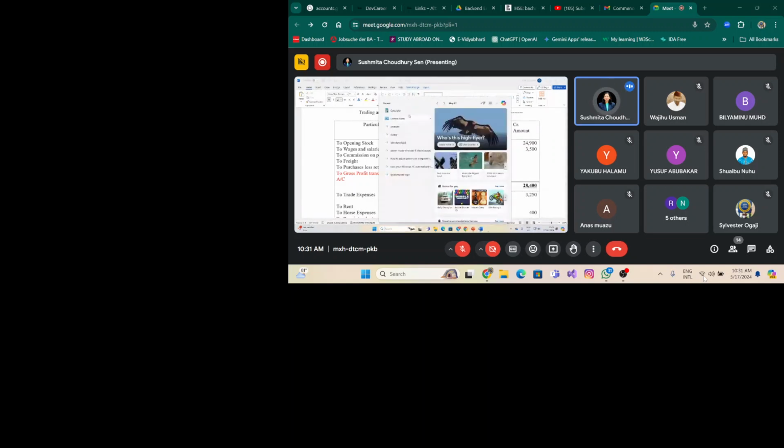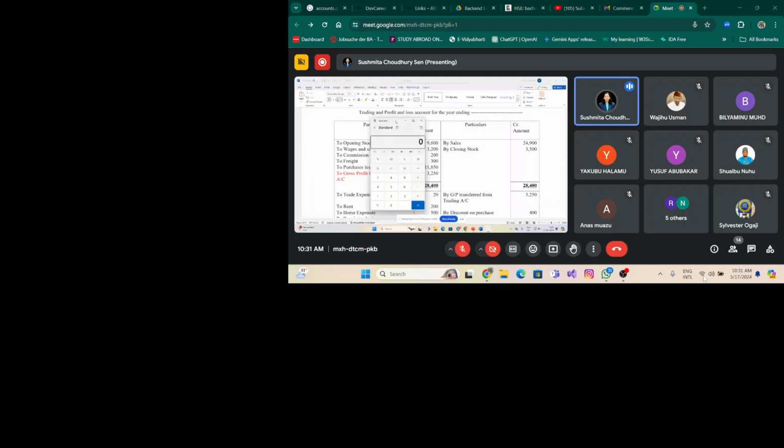Both sides we have written 28,400. And once we have written it on both sides, the next work that we need to do is to see how much balance is left on the debit side. So 28,400 minus all the amounts which are written on the left hand side.